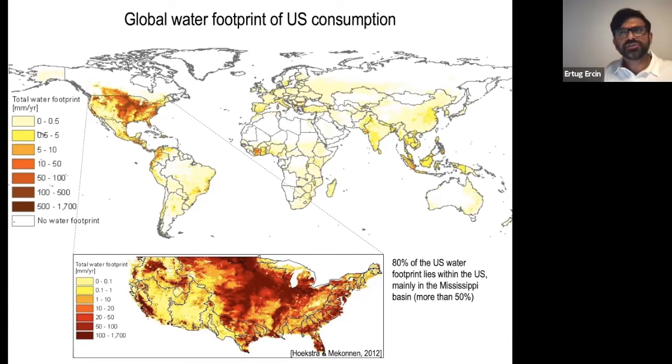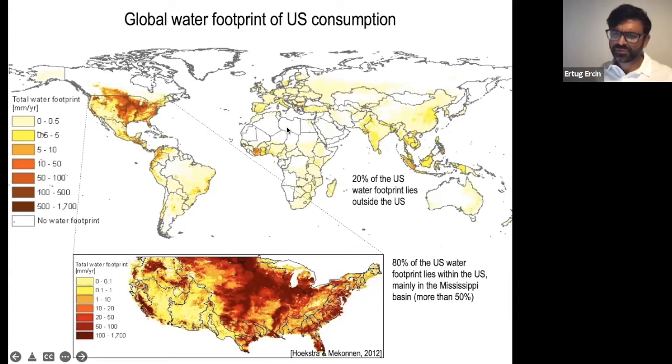The US exports lots of agricultural products to the outer world, but also imports lots of products from China and India. So 20% of the US water footprint lies outside the US.